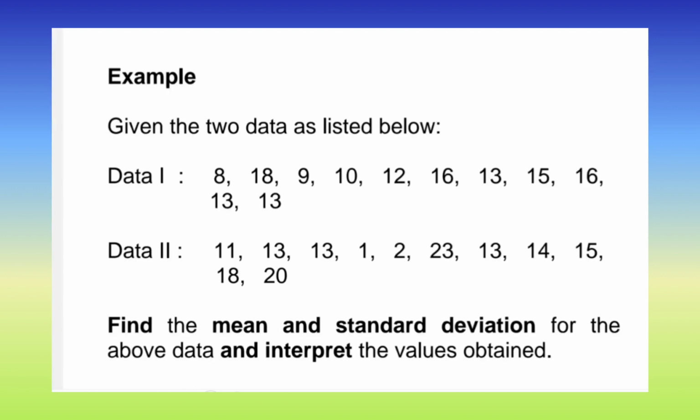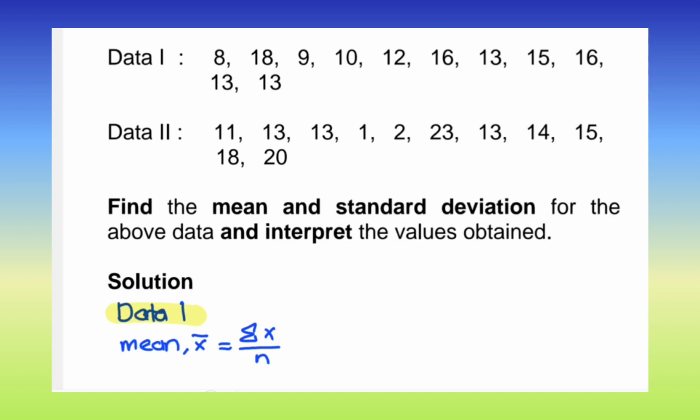Let's look at the first example. Given the two data as listed below, data 1 and data 2, find the mean and standard deviation for the above data and interpret the values obtained. Firstly, let's find the mean for data 1.